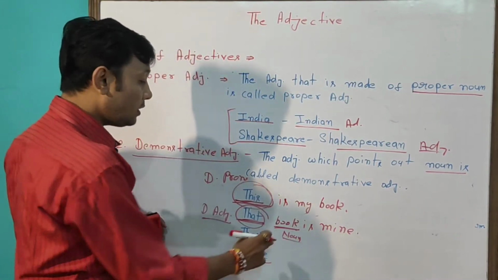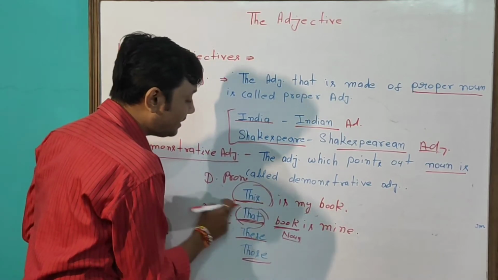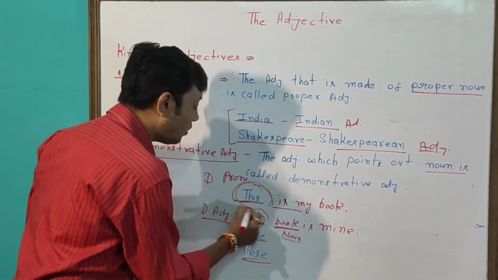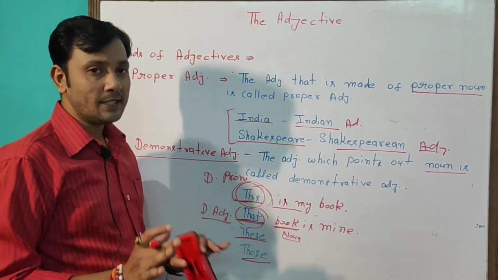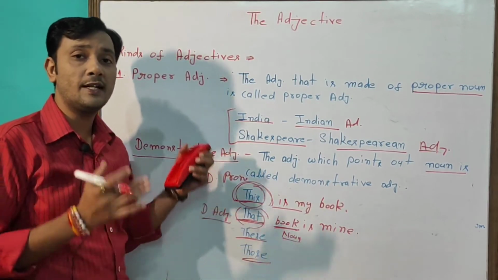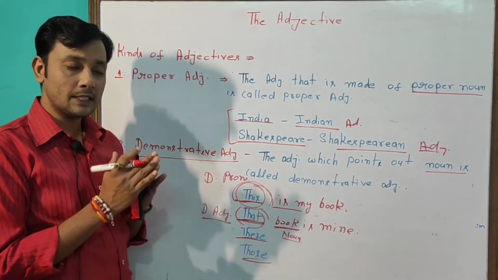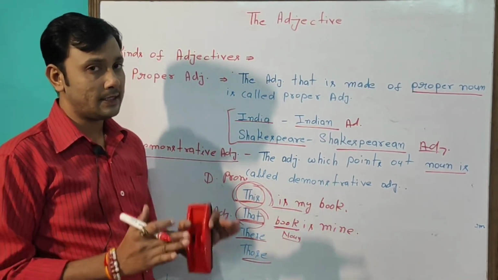Clear? So that is why that is used here as a demonstrative adjective. After this there is no noun in the sentence. That is why here this is known as a demonstrative pronoun. Now it is clear. Your doubt is cleared, I think, on how to find out the demonstrative pronoun and the demonstrative adjective. I explained the difference between them.